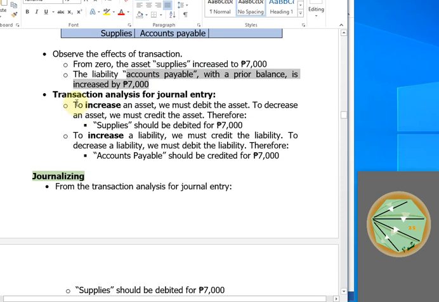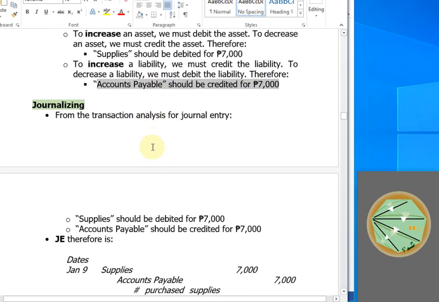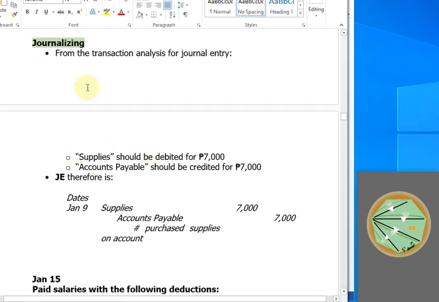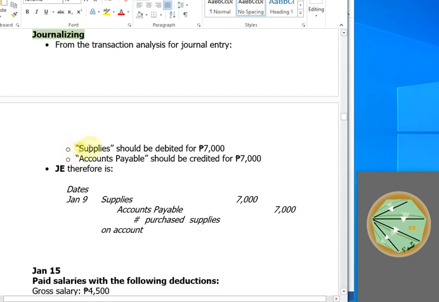Using the normal balance, we will increase supplies by debiting supplies, and we will increase accounts payable by crediting accounts payable. To summarize, supplies should be debited for 7,000, and accounts payable should be credited for 7,000.